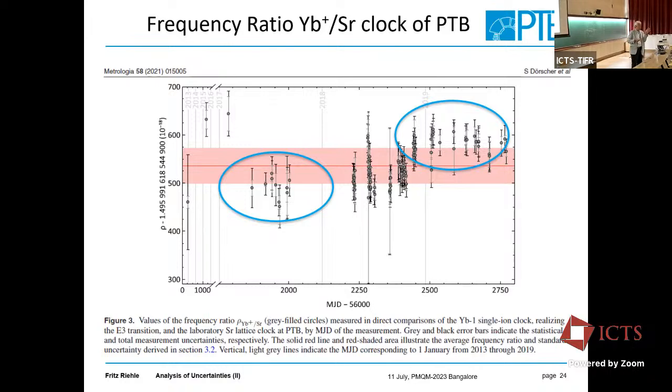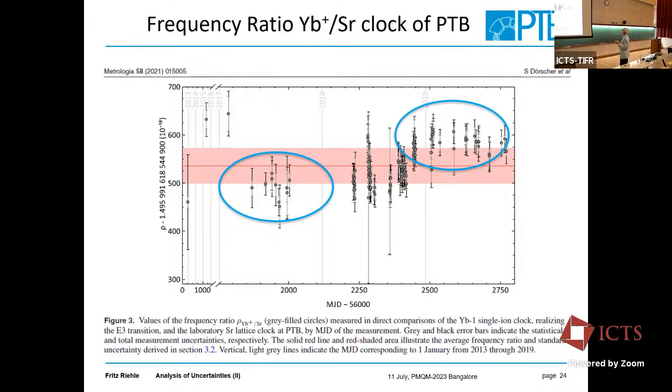But I have to say that this is not so easy. Each of these experiments is truly a long-term measurement, and they need a lot of effort. Maybe something has changed.